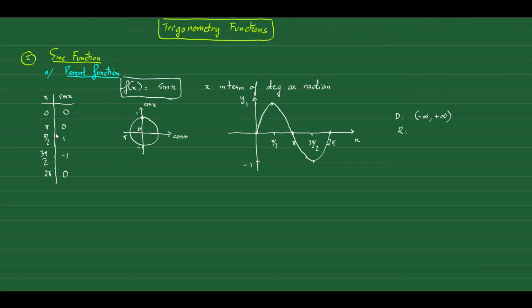No matter what value of x you plug in, the range always goes from negative 1 to 1, included. So that is the domain and range of the sine function: negative infinity to positive infinity, and negative 1 to 1 included.